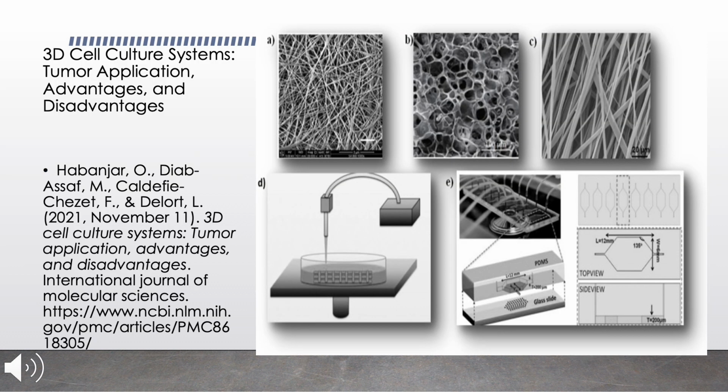This first figure is from a paper entitled 3D Cell Culture Systems: Tumor Application, Advantages and Disadvantages. Now this figure represents different synthetic strategies of 3D matrix bases. We have collagen, lyophilization, electrospinning, stereolithography, and microfluidics. Porous material can be seen in A, as it shows the 3D models of the ECM of nanoporous scaffolding.